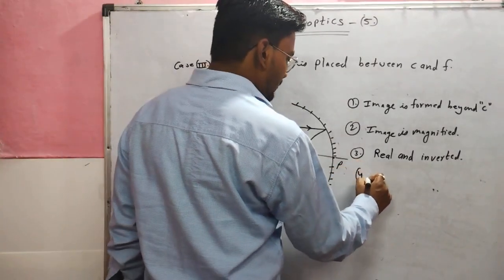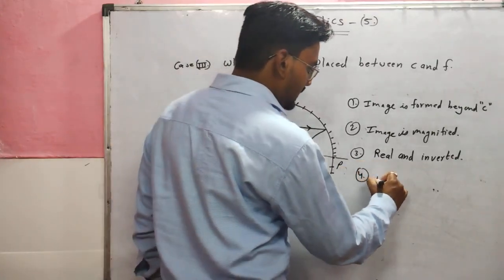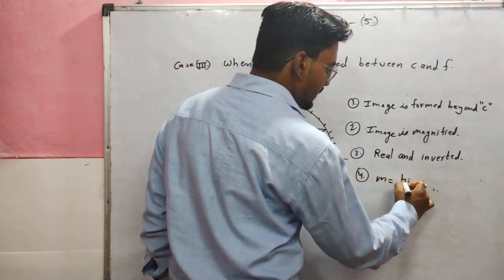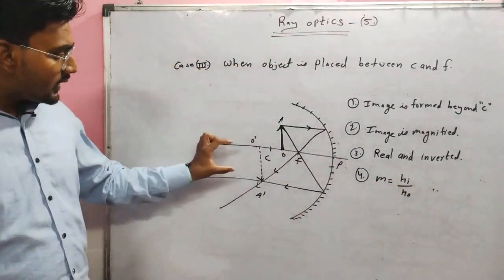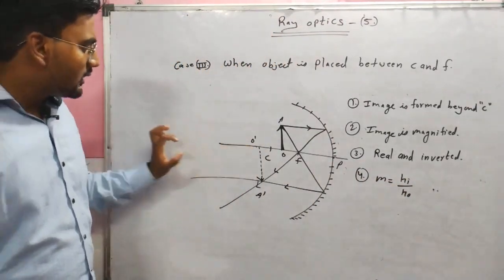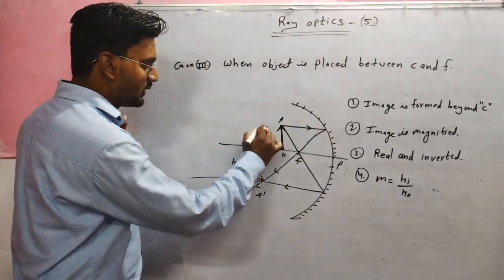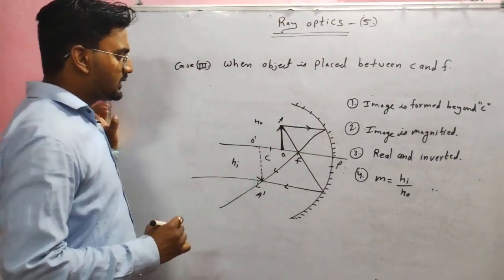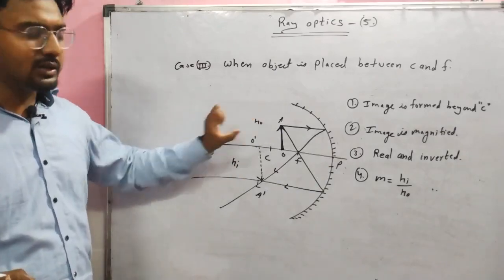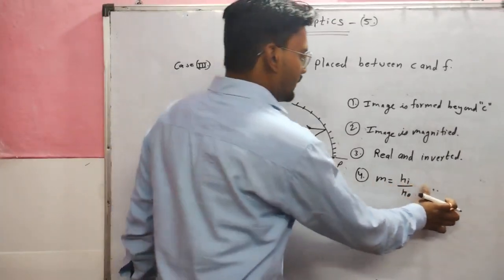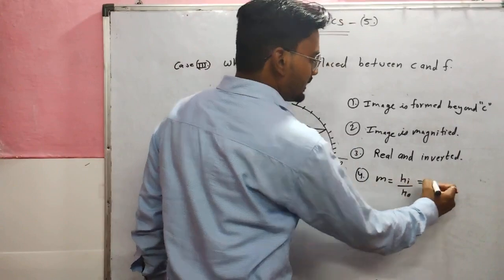The fourth and most important point is magnification, and the formula of magnification is the height of image to the height of object. Here hi is the height of image, and this is the height of object. We see that the height of image is larger than the height of object. Suppose the height of object is 5 centimeter and the height of image is 10 centimeter.